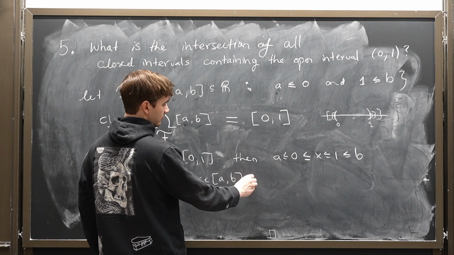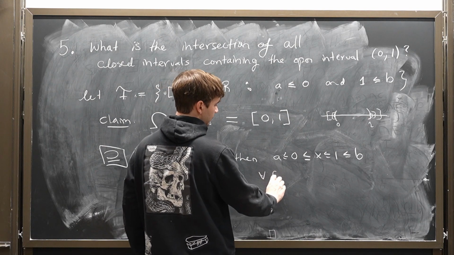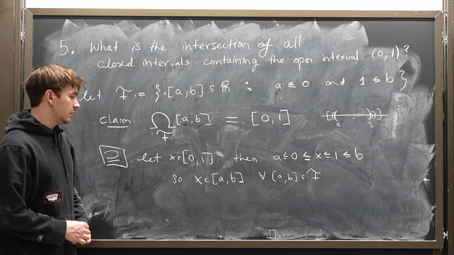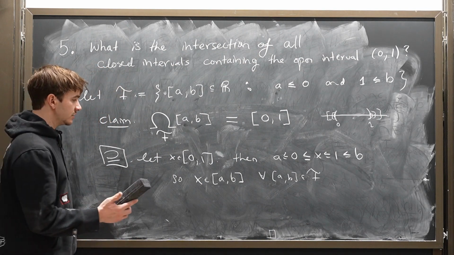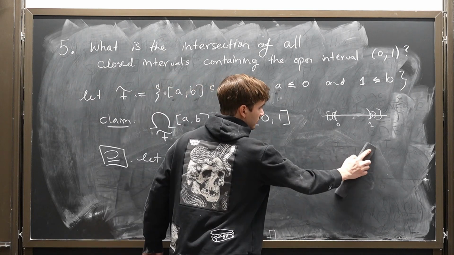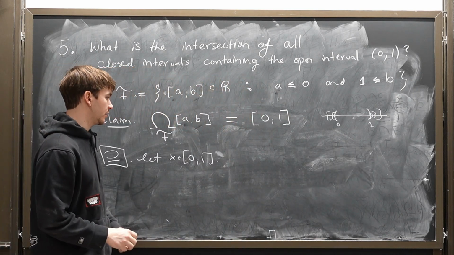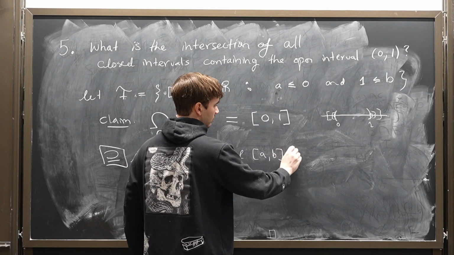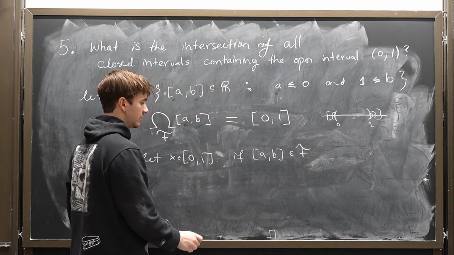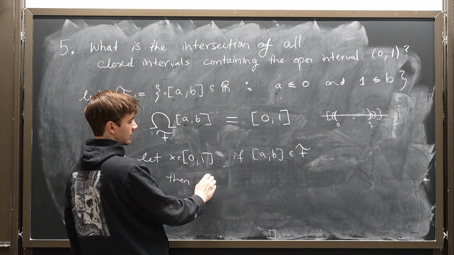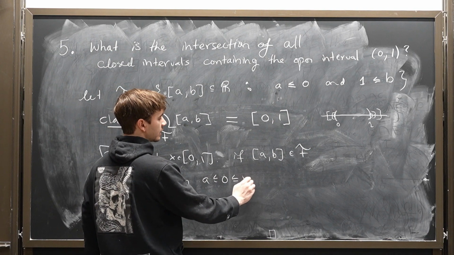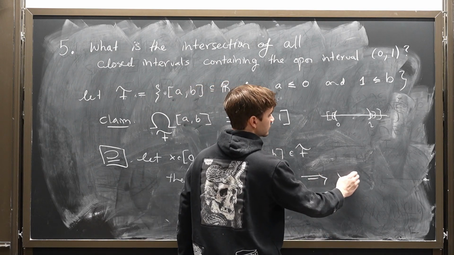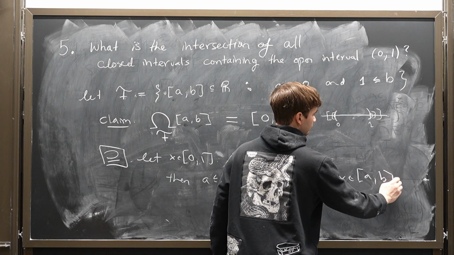Okay, so sorry, for all [A, B] in our family F. This is perhaps not the best notation. Let me actually improve my mathematical grammar here, and say if [A, B] belongs to my family, then A is less than or equal to 0, is less than or equal to x, less than or equal to 1, is less than or equal to B, which tells me that x belongs to [A, B].